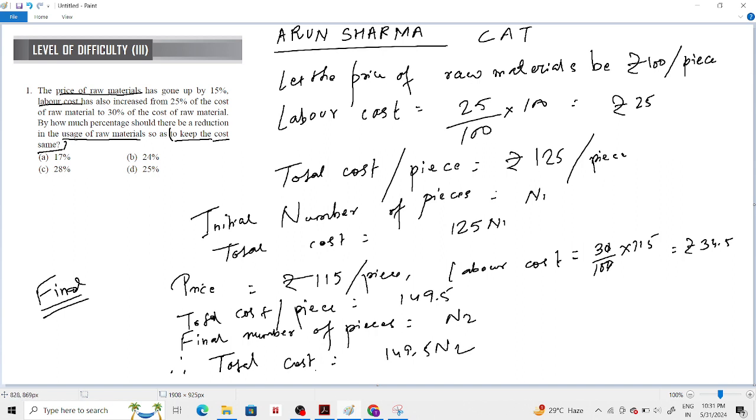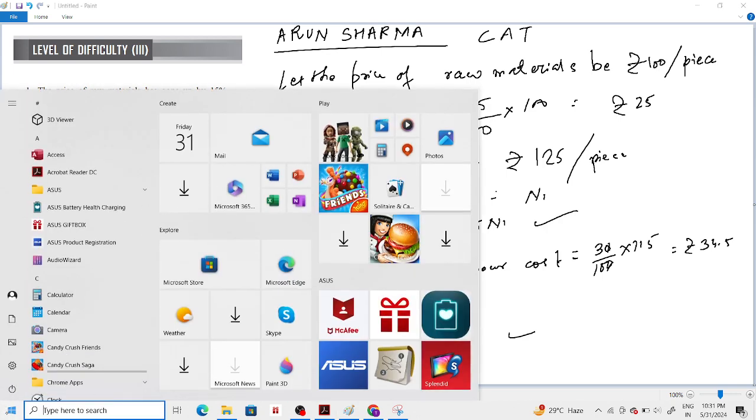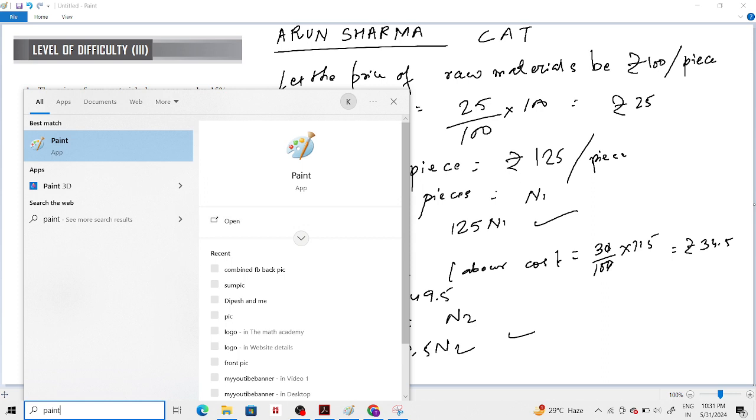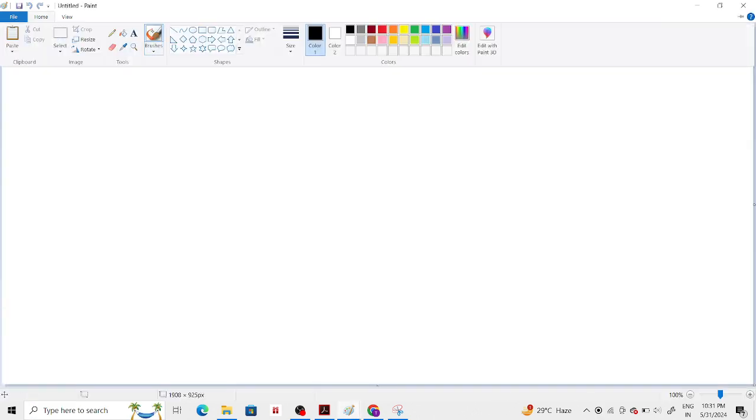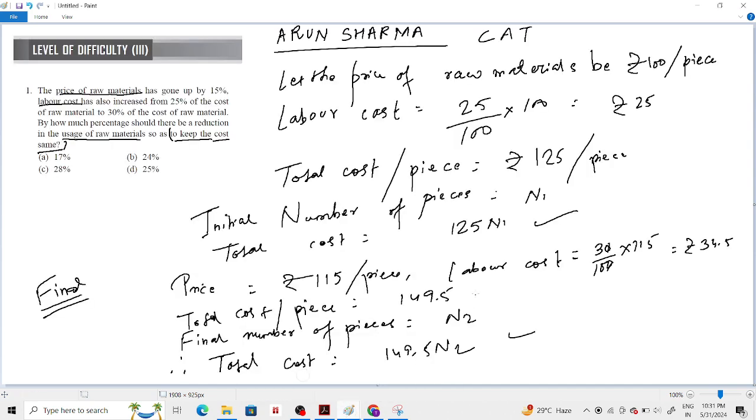Now it is given that the total cost, that is this and this, both of them are same. So if that is the case, then all I need to do is just equate both of these, that is 125 n1 is equal to 149.5 n2.